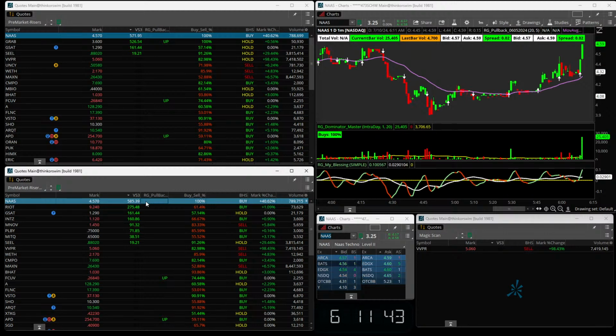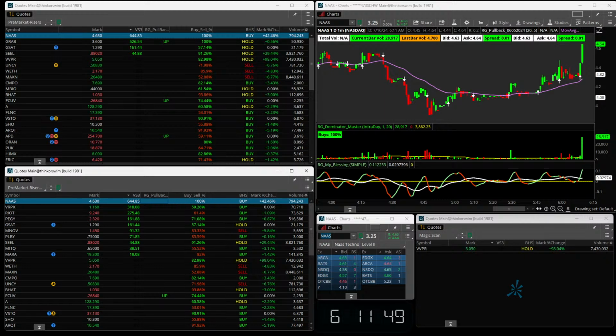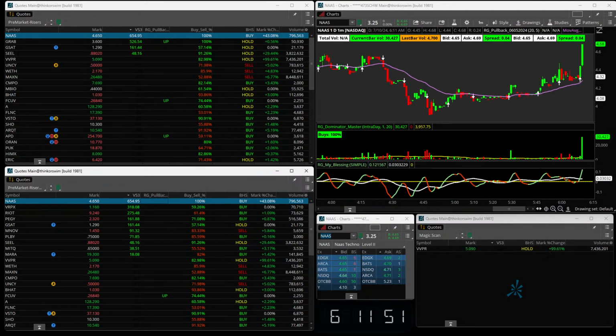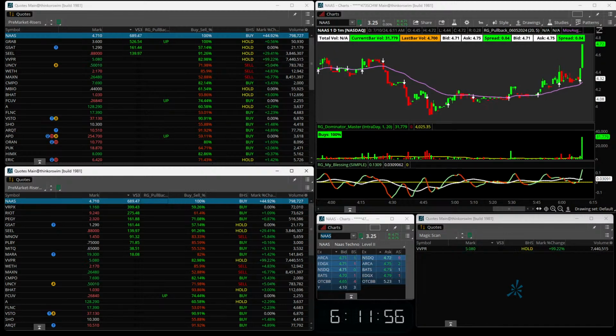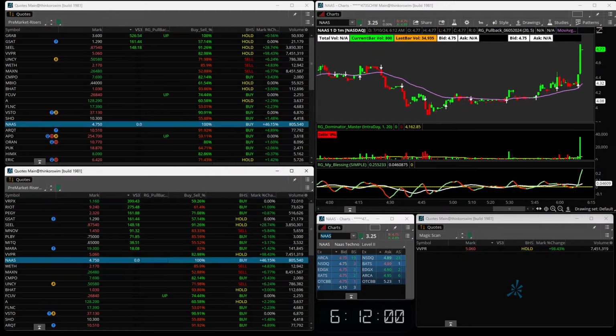NAAS making a slight run up. Let's see where this one goes. Maybe the action will be a little bit faster. Steadily pushing up. If you're a green candle chaser, then I'll put you on my prayer list. It is definitely flying.